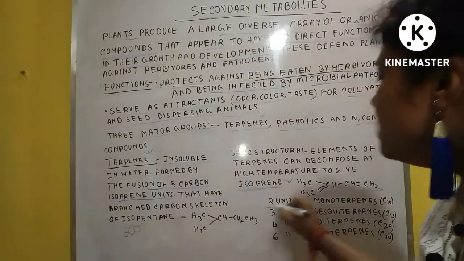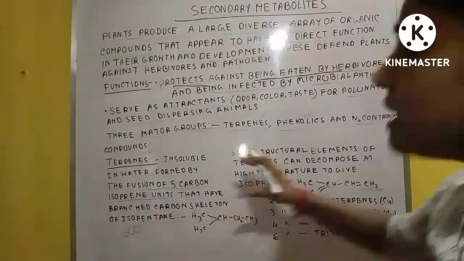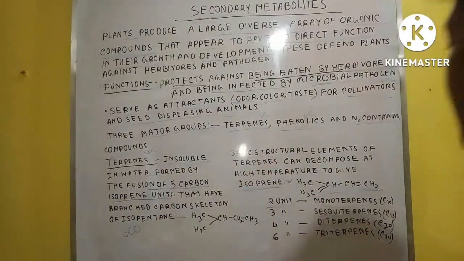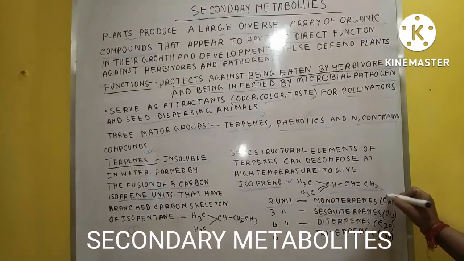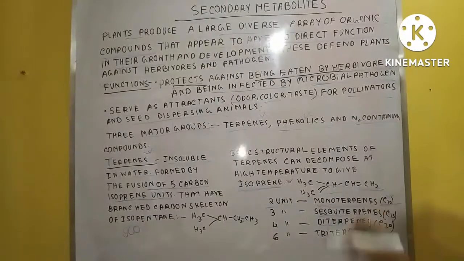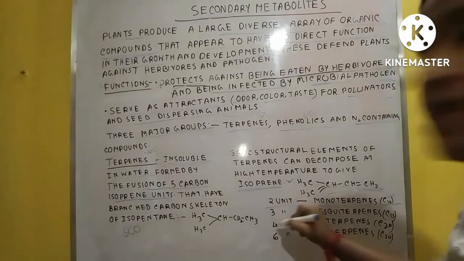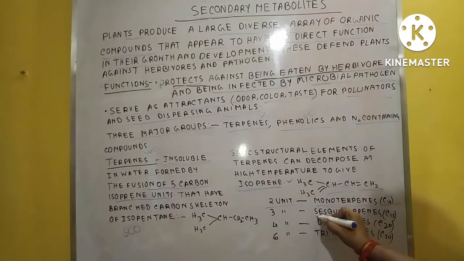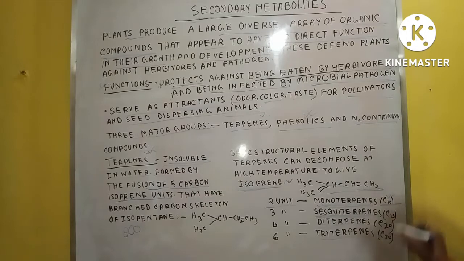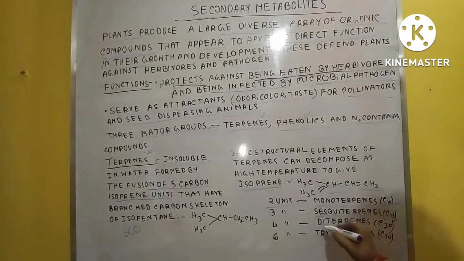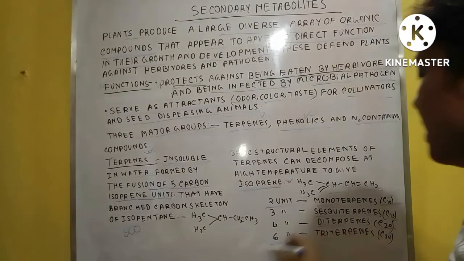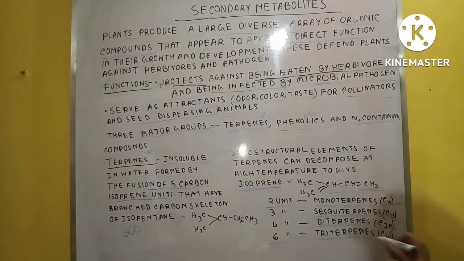When two units, one isoprene and another isoprene, attach to each other, they form the monoterpenes, which is C10. With 3 units, that is the sesquiterpene, C15. With 4 units, these are the diterpenes, C20. And with 6 units, these are called the triterpenes, C30.